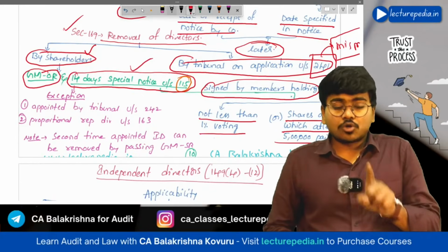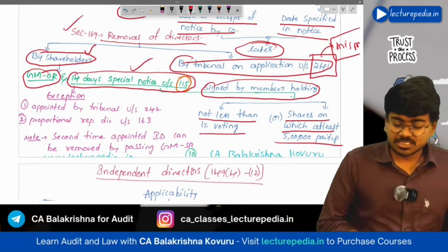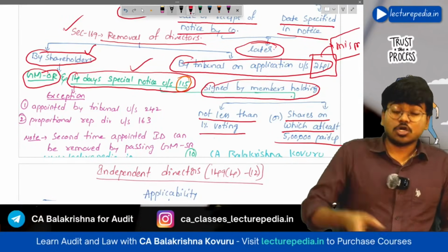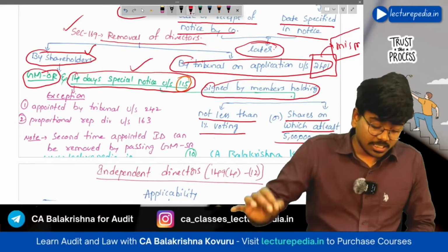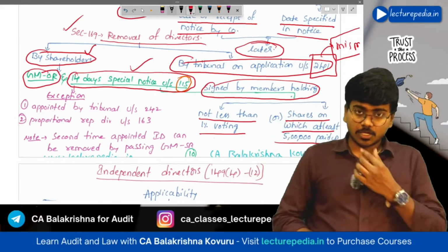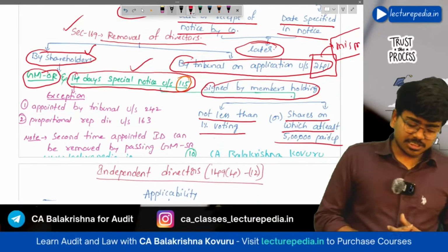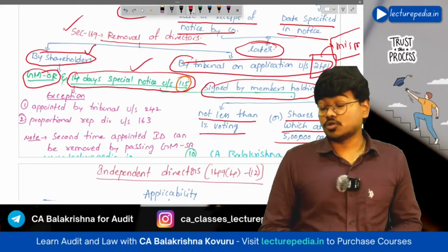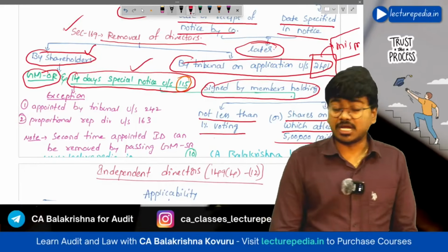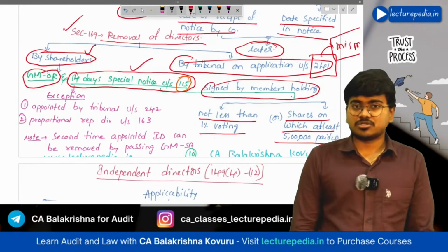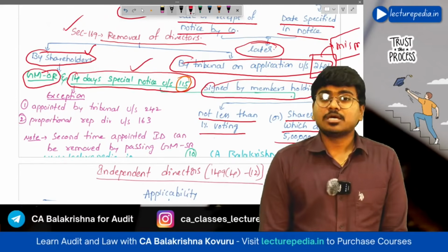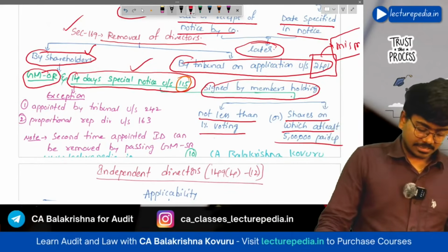Okay, in order to call a particular notice a special notice, it should be signed by members holding at least 1% of the voting rights, or by members holding shares of face value of at least 5 lakh rupees. Okay, in such a situation that notice will be called a special notice. So to remove a director, a special notice from the shareholders has to be given at least 14 days before the annual general meeting, and in the annual general meeting an ordinary resolution has to be passed for removal of the director.